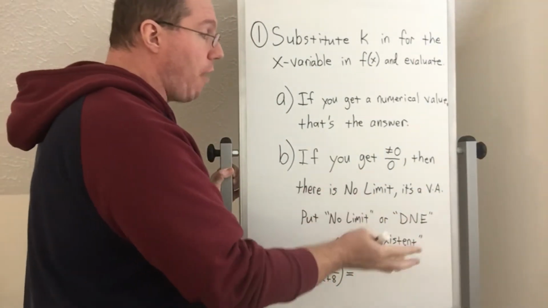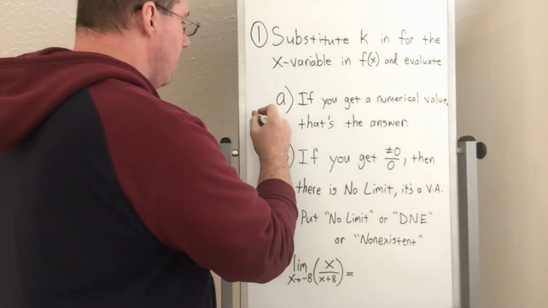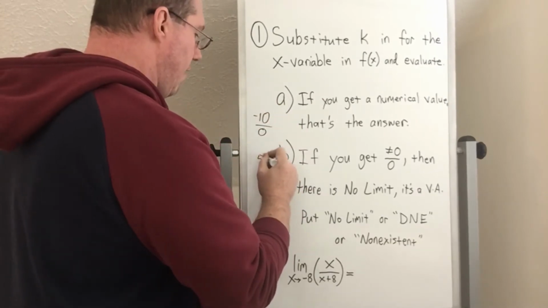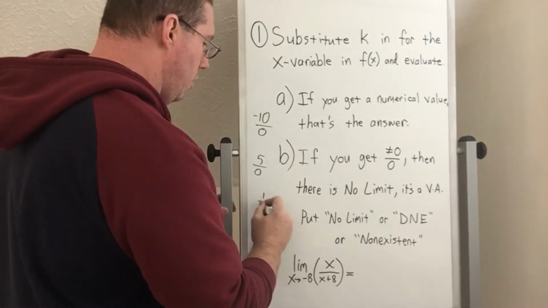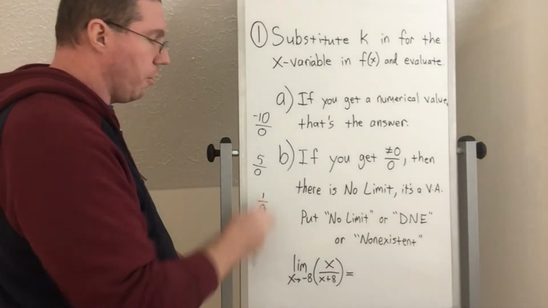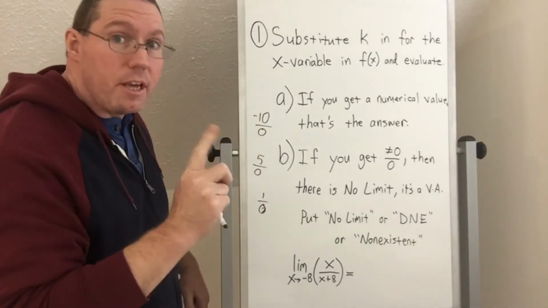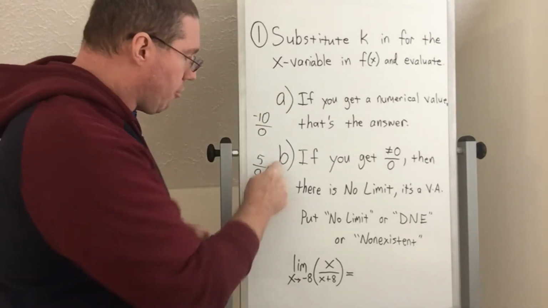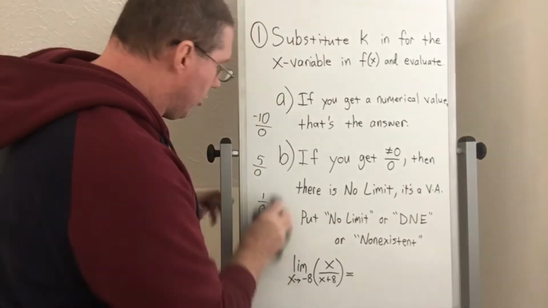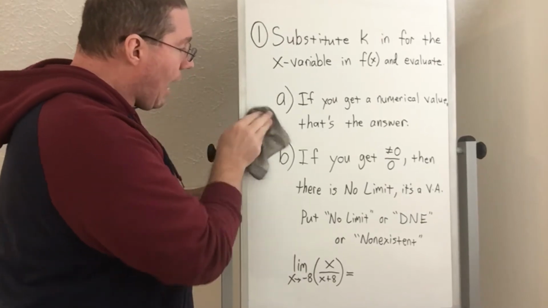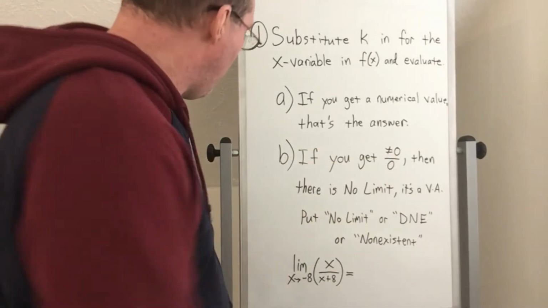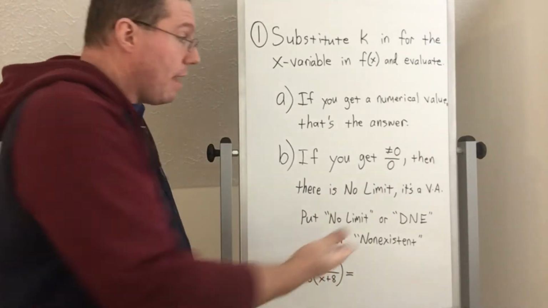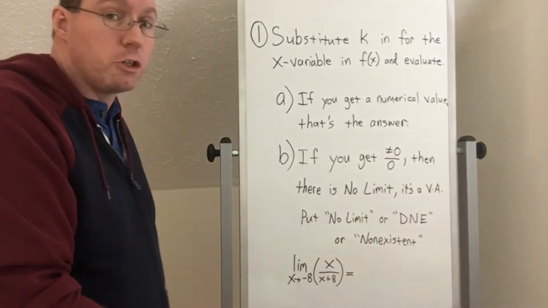So if you get a fraction, for example, if you get like negative 10 over 0, or 5 over 0, or 1 over 0, any number that's not 0 over 0, that's our second circumstance here. That's the situation of B, okay? If that happens, if you get not 0 over 0, then there's no limit. It's basically a vertical asymptote. That's pretty much what's happened here.